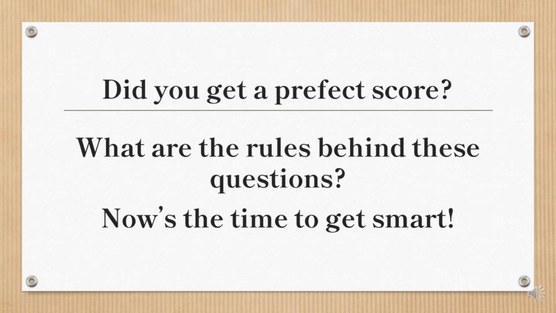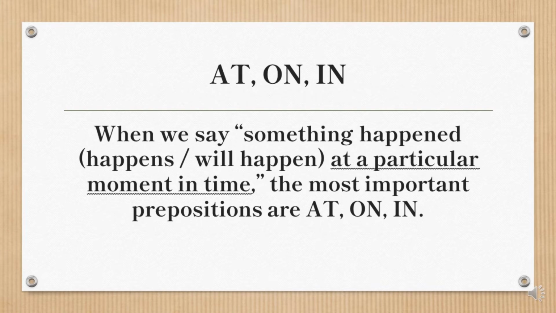Did you get a perfect score? If you didn't, or if you are not sure what the basic rules behind these questions are, now's the time to get smart. When we say something happened, happens, or will happen at a particular moment in time, the most important prepositions are at, on, in. But how do you know which preposition to use?